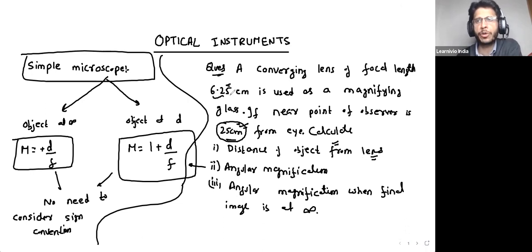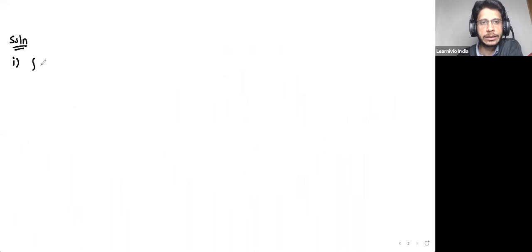So you have focal length, which is 6.25 centimeter. Your image distance is 25 centimeter. Image is obtained at the same side, so it's minus of 25 centimeter.